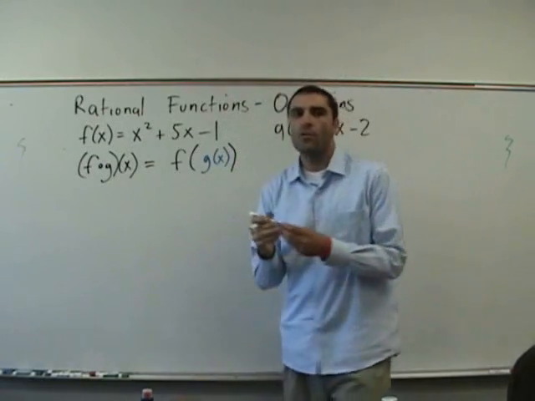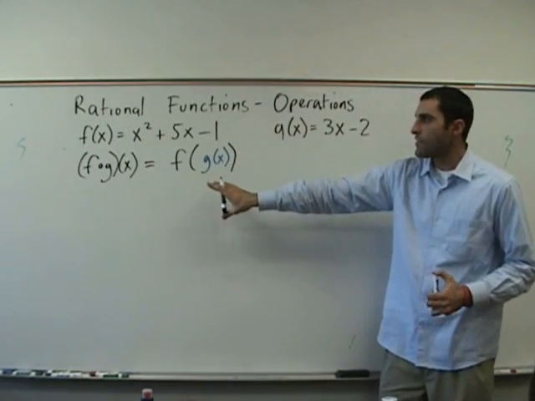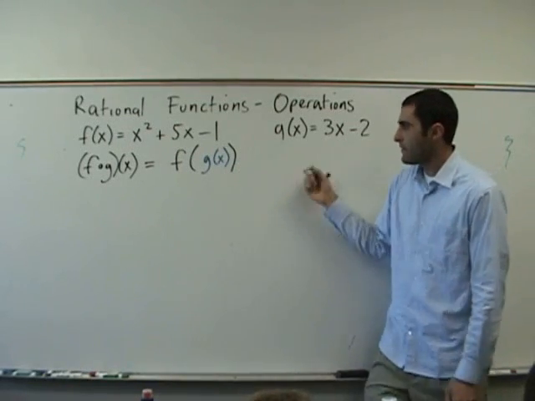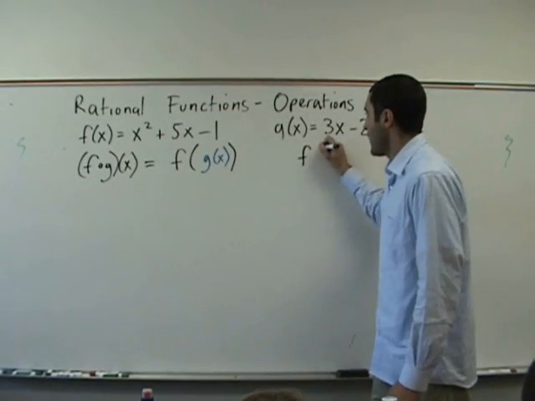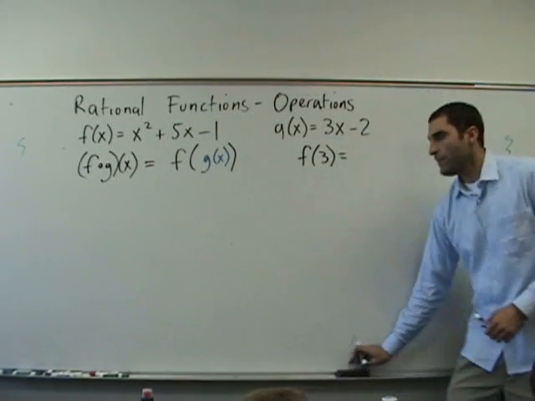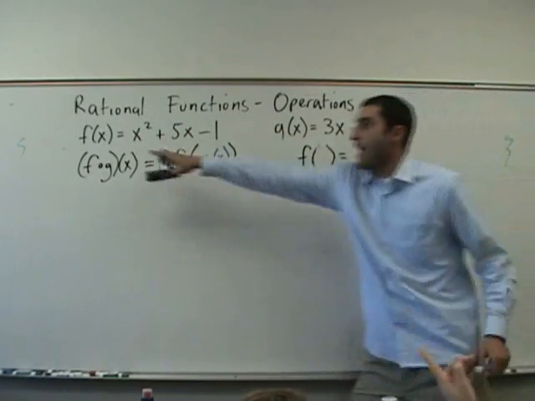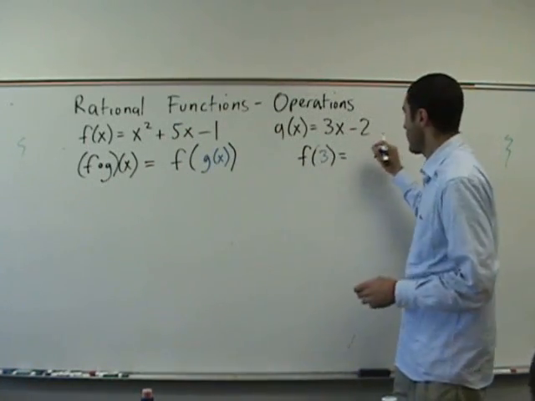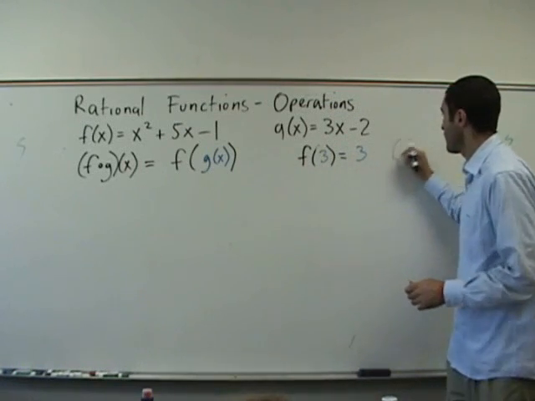All right, hold this thought for 1 second. We have to review f of something. Let's do a quick review: what f of 3 is. F of 3, which equation? 3 times 3, the f of x one. So 3 squared plus 5 times 3 minus 1.